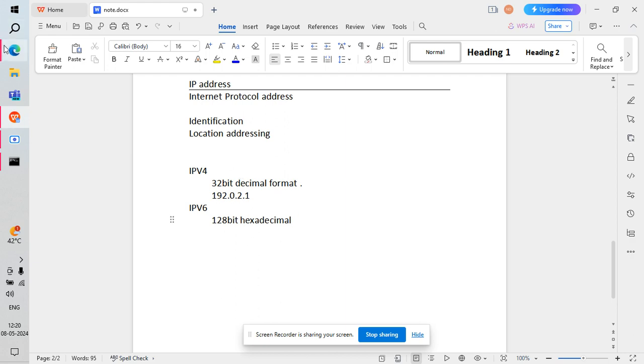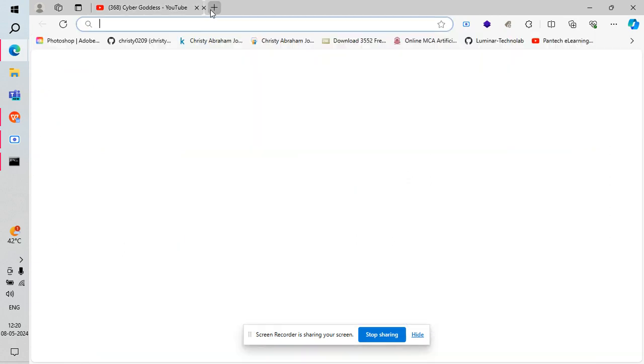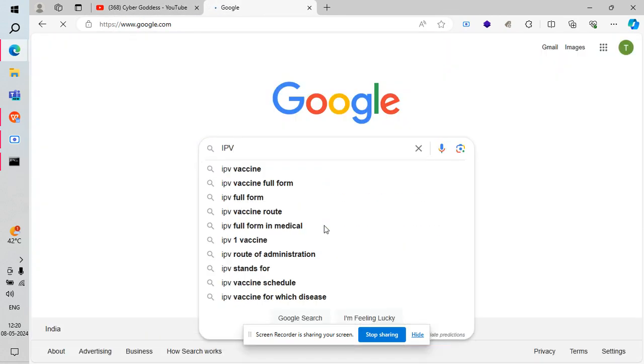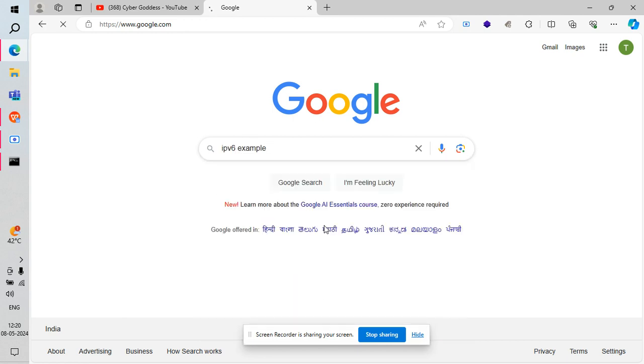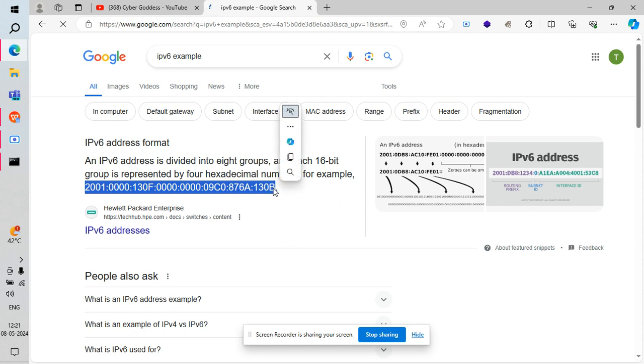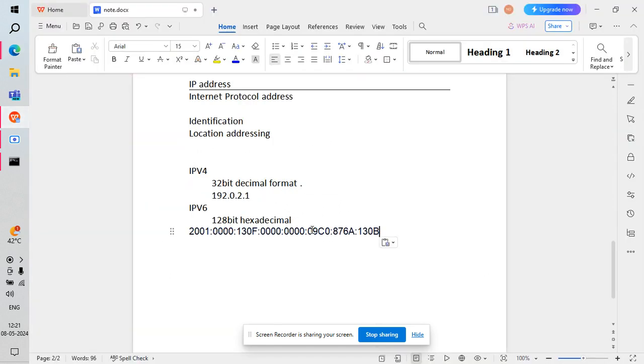Let me show an example of IPv6. It provides a significantly larger address space compared to IPv4, allowing more devices to be connected to the internet. And also the IP address can be dynamic or static.